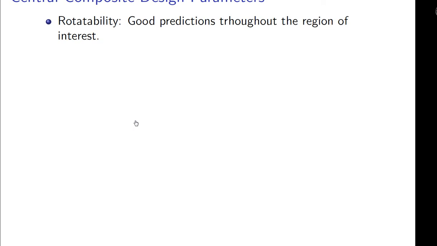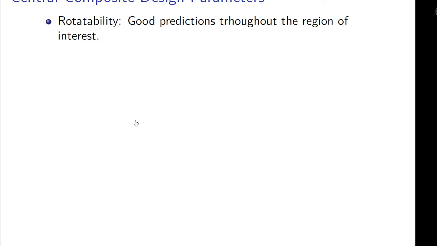If a set of experimental runs is rotatable in a geometric sense, then we have reason to believe that we will get good predictions of the response variables using this model throughout the region of interest.